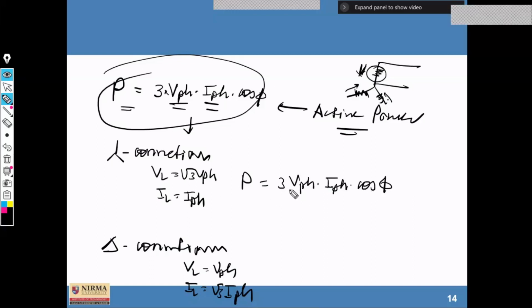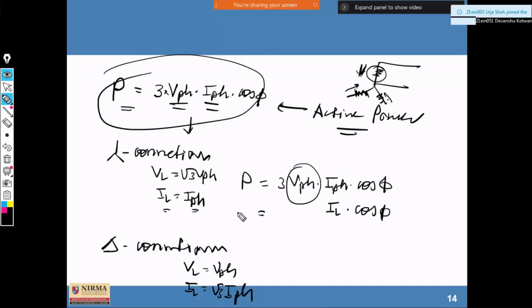Then simply we need to replace this VPH, because IL is equal to IPH, so we can write IL here, cos phi. We can write VPH as VL by root 3. So here 3 into VL by root 3 can be written, and if you solve this, it will be root 3 times VL into IL into cos phi.